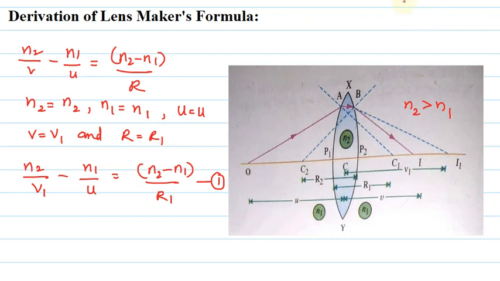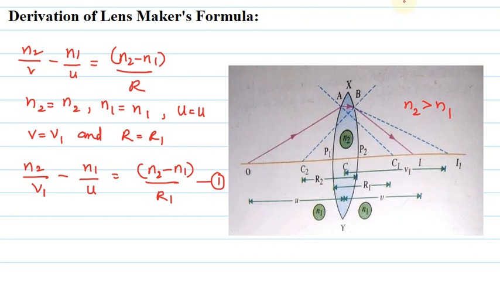Again, using the above relation, N2/V minus N1/U is equal to (N2 minus N1)/R. As refraction is taking place at the surface xP2y at the point B, let us apply the given relation by taking the terms for N2, N1, V, U and R.